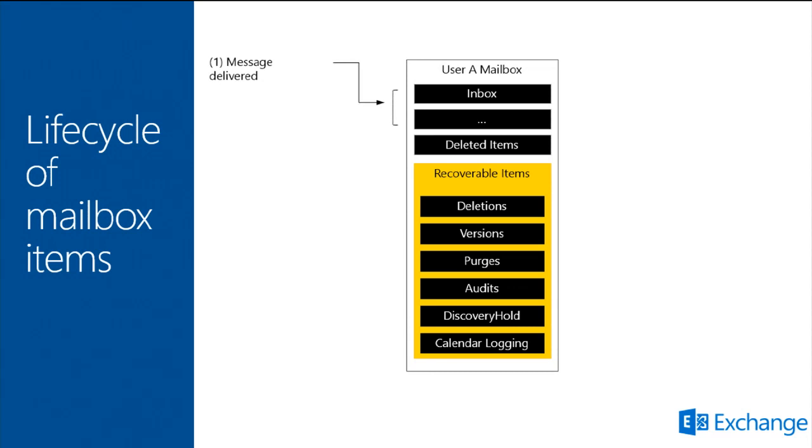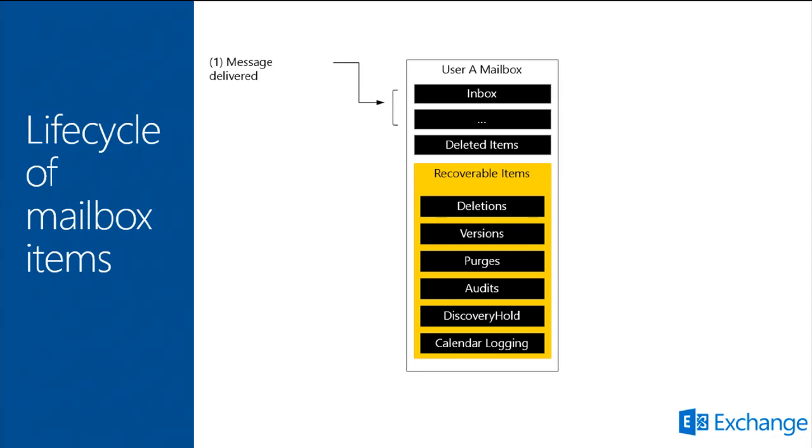Items are in your mailbox, which is all the black stuff you see up there. That's what the user sees every day in Outlook or OWA. Once he deletes that item, it typically goes to deleted items, or if you hit Shift Delete or empty your deleted items folder, then it goes into a hidden area known as the recoverable items folder. That's not visible to the user.